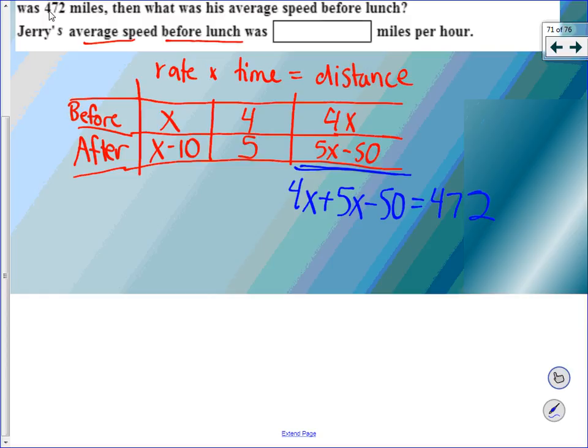You have 4x and 5x. So here we get 9x. Then we're going to add 50 to both sides to isolate our x.